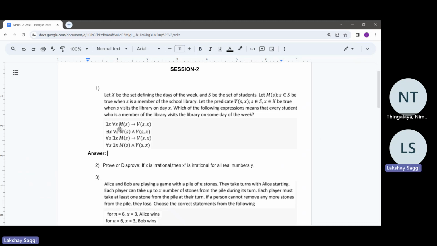The first problem says: let X be the set defining the days of the week and S be the set of students. Let M(S), for all S belonging to capital S, be true when S is a member of the school library.